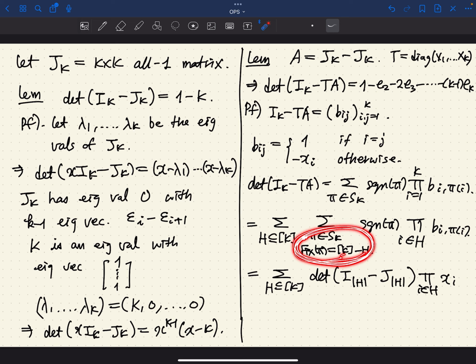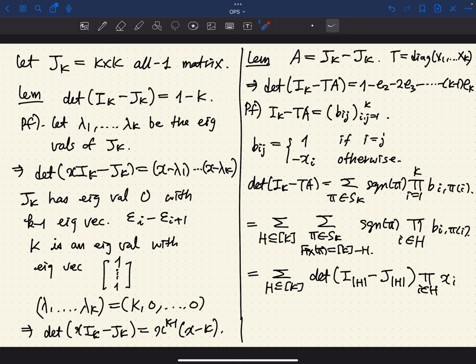Here we have restrictions that all the entries in H are not fixed points, but the restriction is gone because the diagonal entries are 0 anyway. So if you think about that, you will see that this is the case.